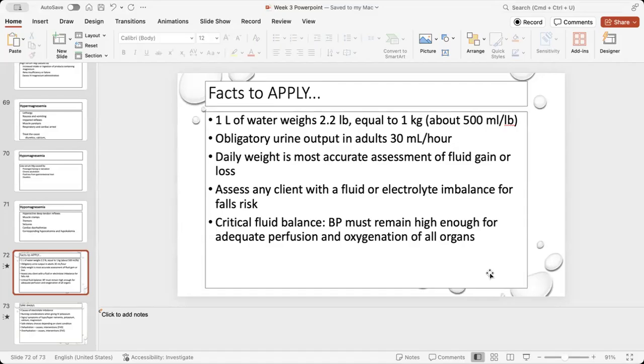If a pH is low, less than 7.35, it's more acidic. If it's greater than 7.45, it's alkalosis, more basic.